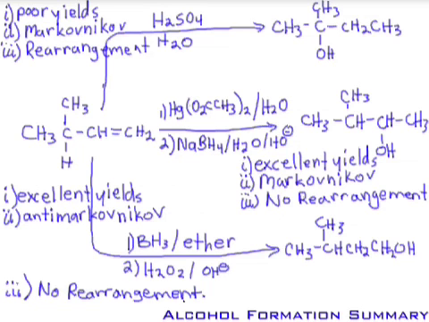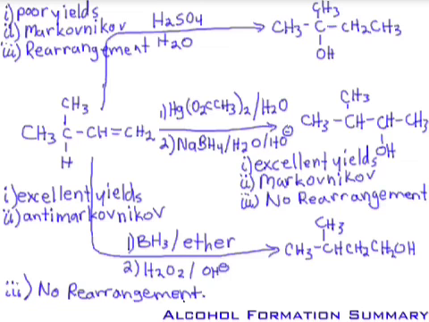All right, so there you have it. We can make any alcohol we wish. Works out really well. And this reaction goes in high yields for both the oxymercuration and demercuration.